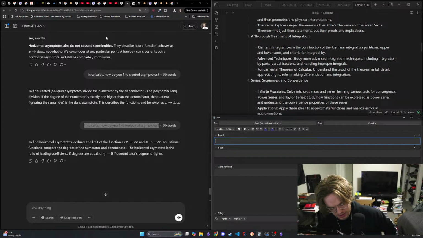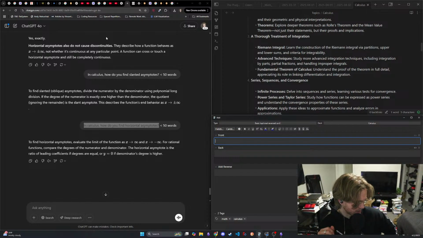Actually, horizontal one seems self-explanatory, so I just have to take the limit at infinity, and rather than the output also hitting infinity, it's going to hit a value. So that one is reasonable. I just have to take the limit at infinity. Though I actually don't know how to take the limit at infinity, I don't think. I'll have to write that down.